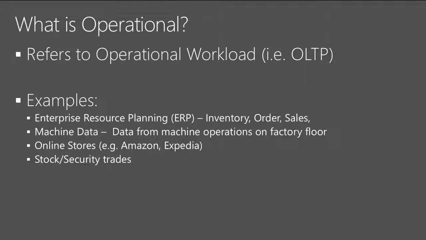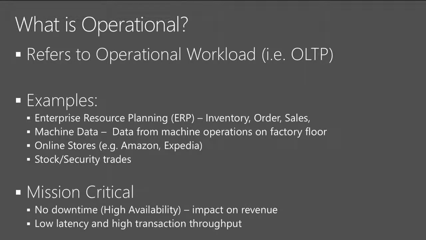So the key point I'm making is all these operational workloads are mission critical. If they are down, you're losing money as a business. So for the majority of cases, people have these operational systems in a high availability architecture.